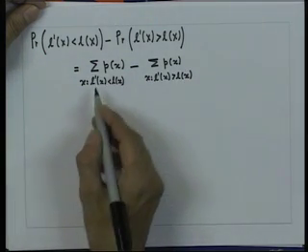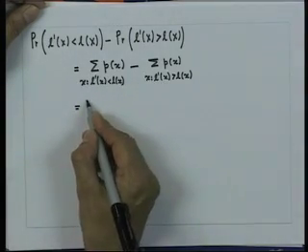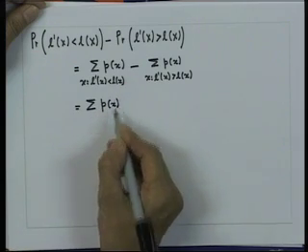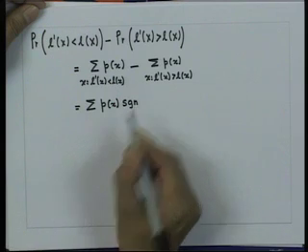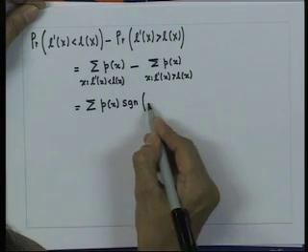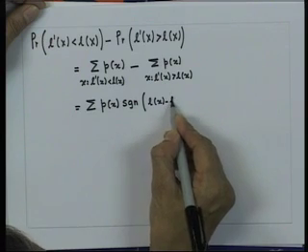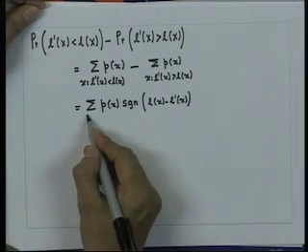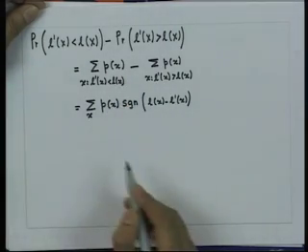Now, it is not very difficult to see that I can write this as the summation of p(x) times signum of L(x) minus L'(x) over all x, simple from here to here.